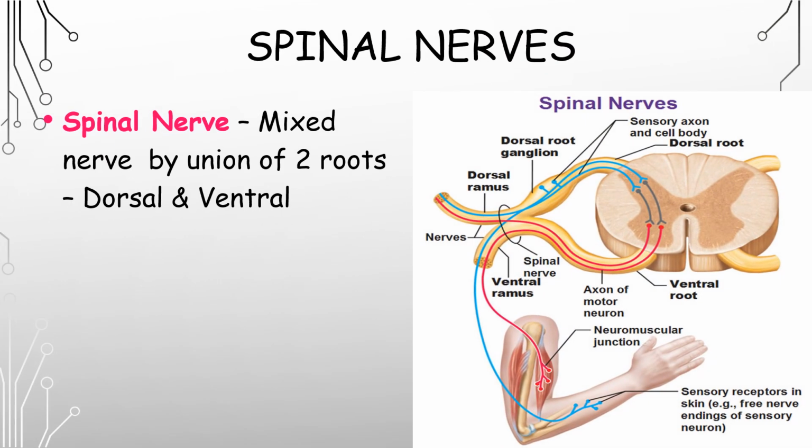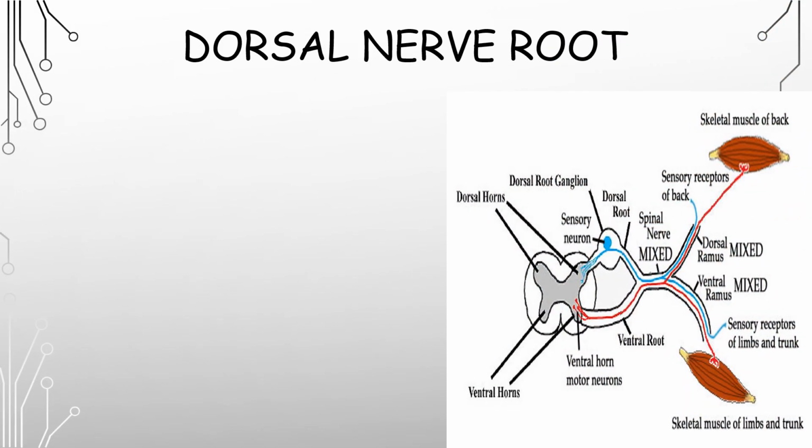Spinal nerves. Each spinal nerve is a mixed nerve formed by the union of the dorsal nerve root and the ventral nerve root. The dorsal root is formed by several rootlets which are attached to the surface of the spinal cord.